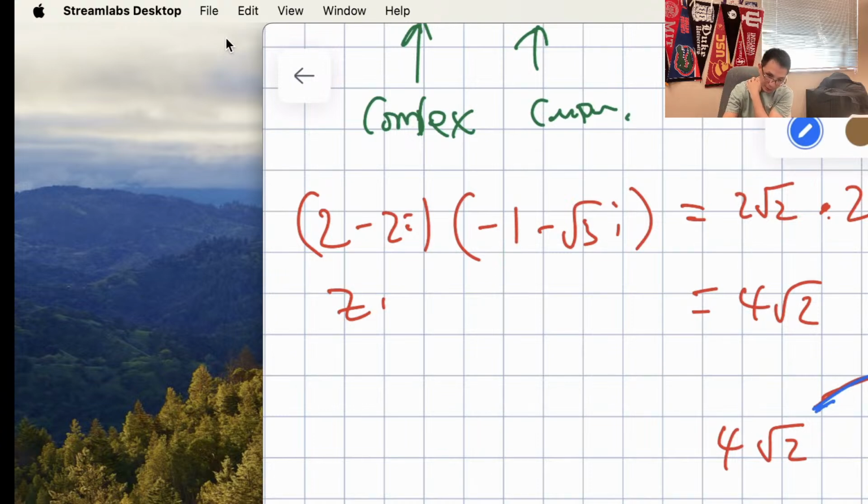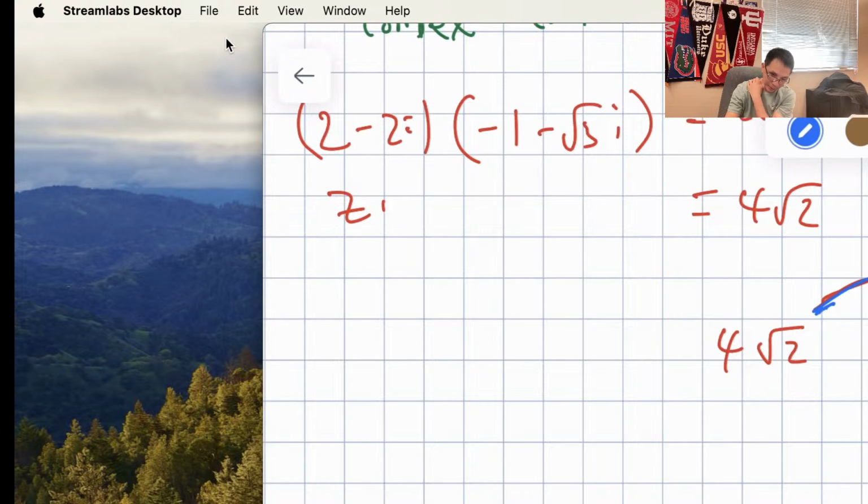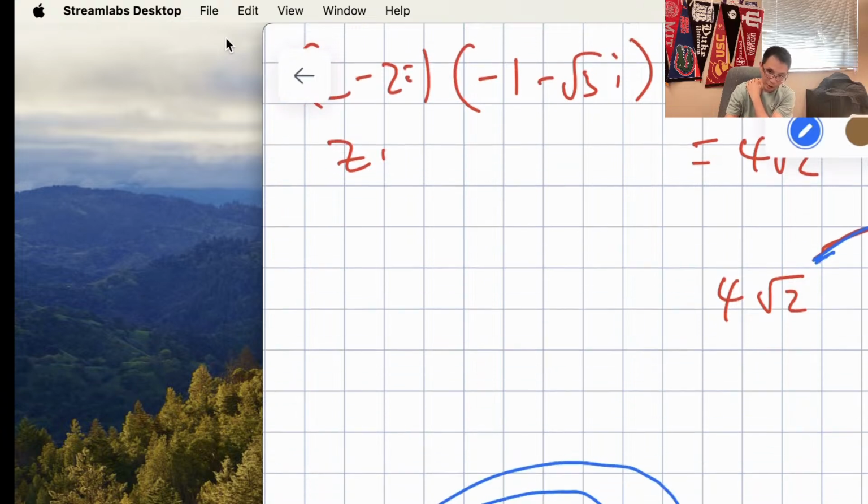So this one's going to be negative 2 minus 2 square root 3 i plus 2i minus 2 root 3, right? So it'll be negative 2 minus 2 root 3. This is the real part, plus the i part. That's going to be negative 2 root 3 plus 2.